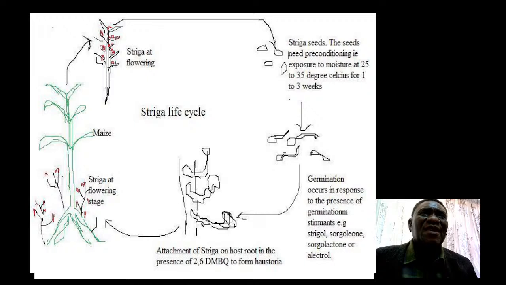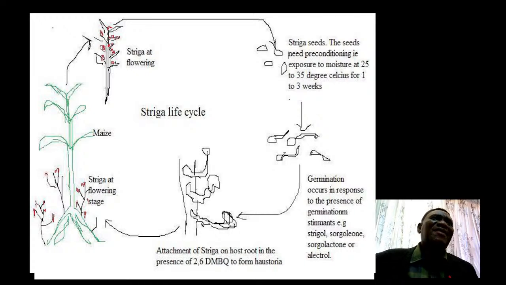Then we put a variety which doesn't produce what these parasite seeds need. Or we can cause problems for the Striga here by finding varieties which do not allow penetration to take place.